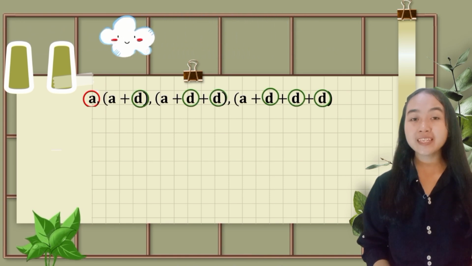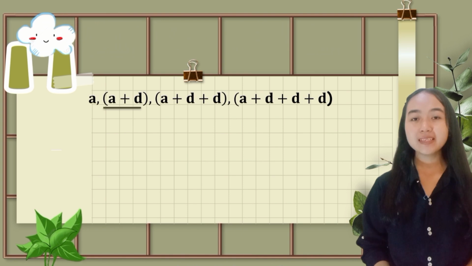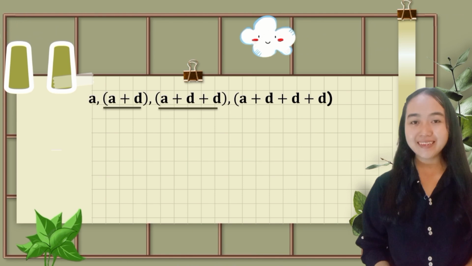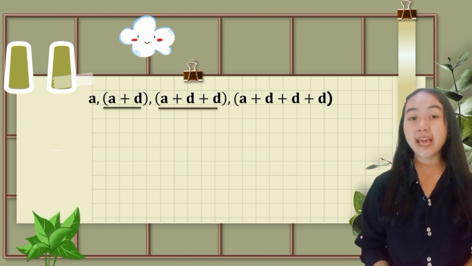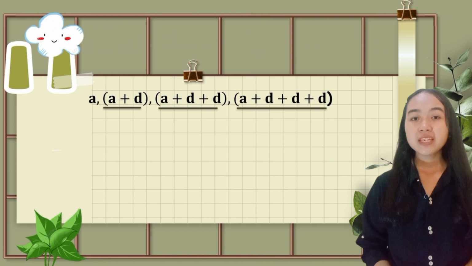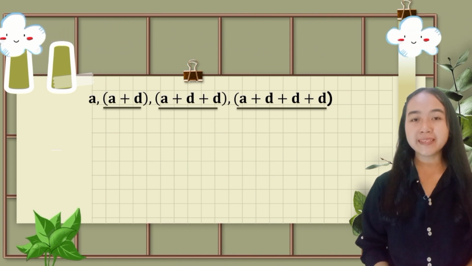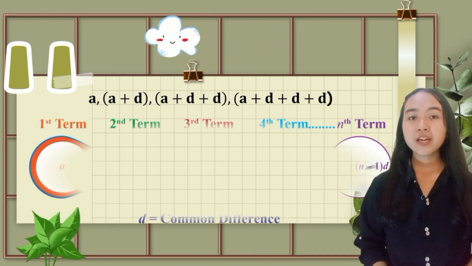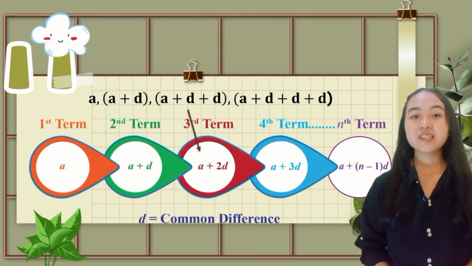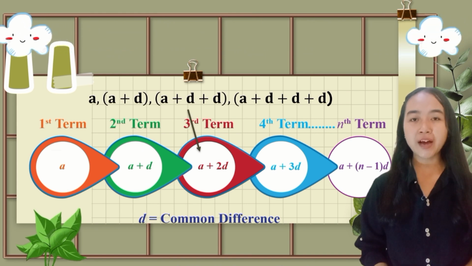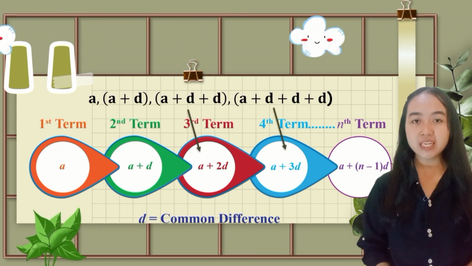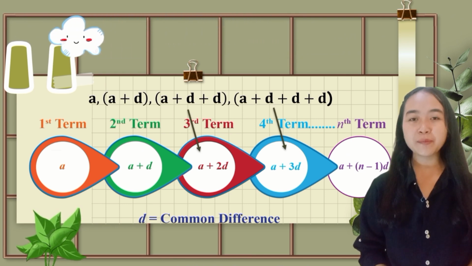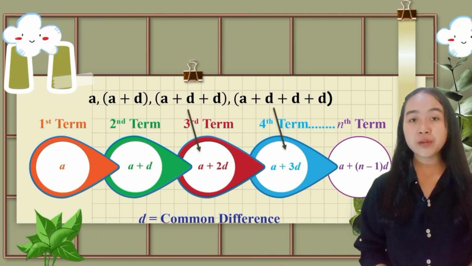This means that our second term would be A plus D. Now from here, our third term would be A plus D plus D, and our fourth would be just an addition of D one more time, giving us A plus D plus D plus D. And notice that we can simplify this. This can be simplified to A plus 2D, and this can be simplified down to A plus 3D. But if we look at this number here, it seems to always be trailing behind by 1 from the term number we are on.